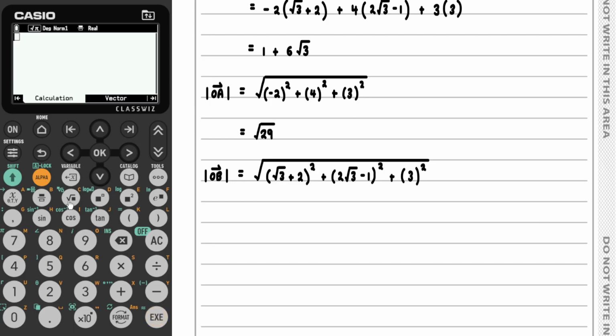We've got the square root of root 3 plus 2 squared plus 2 root 3 subtract 1 squared plus 3 squared, which is equal to root 29.